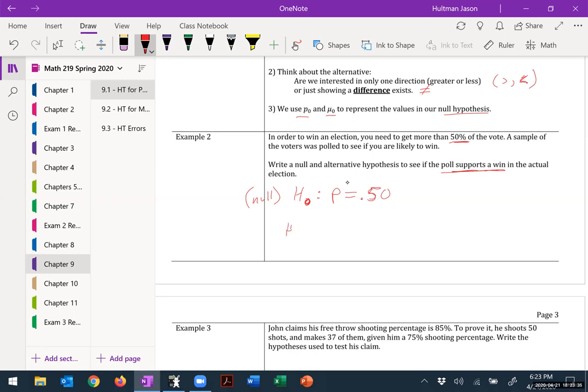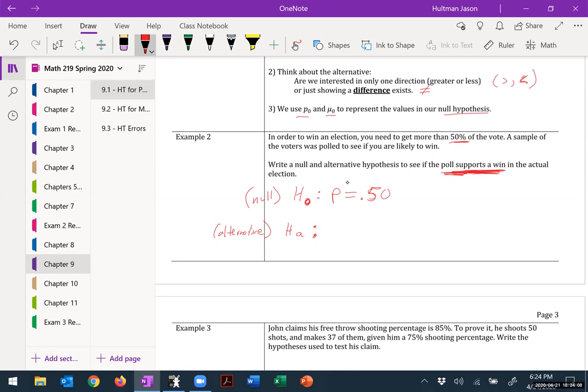What's the alternative here? H sub A, that's the alternative. A win in our claim is that we would get above 50%.